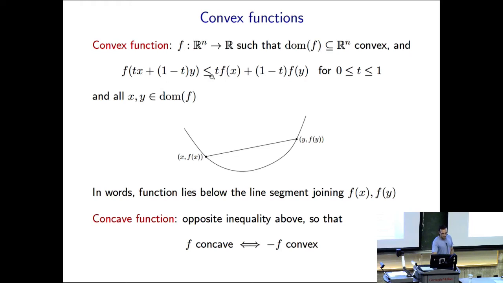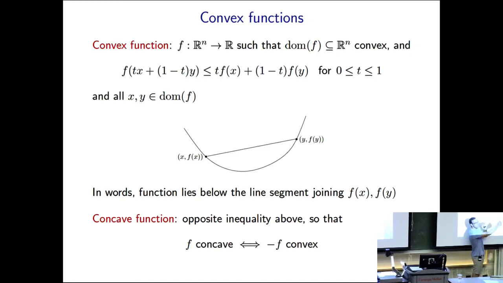Given that, the key property is that f of tx plus (1 minus t)y must be less than or equal to t f of x plus (1 minus t) f of y for all t between 0 and 1 and for all points x and y in the domain of our function. Graphically, the line segment joining f of x and f of y lies above the function.